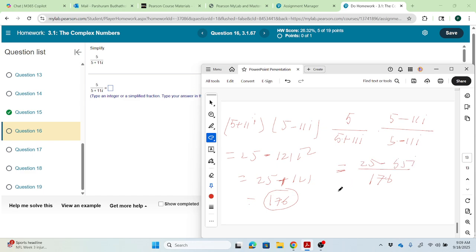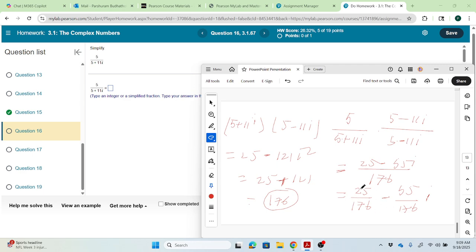Now you can individually divide by 176, so it will be 25 divided by 176 minus 55 divided by 176 i. So that is your answer.